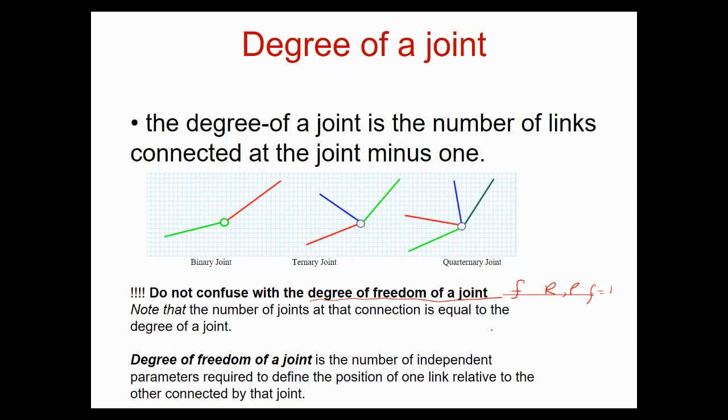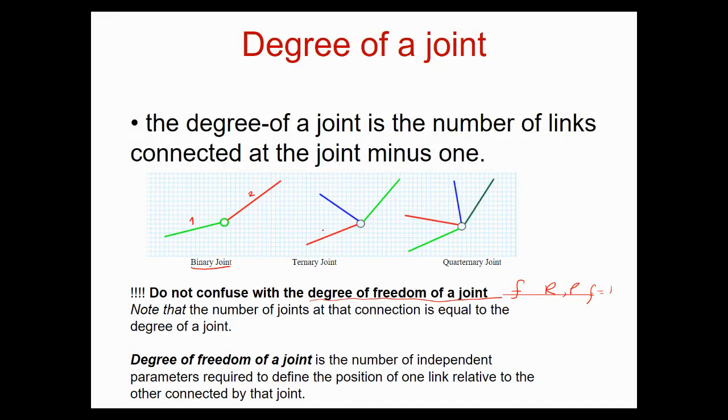Now, degree of a joint is something else. If 2 links are connected to a revolute joint, like this one, 1 and 2, you have a binary joint, because binary means 2.